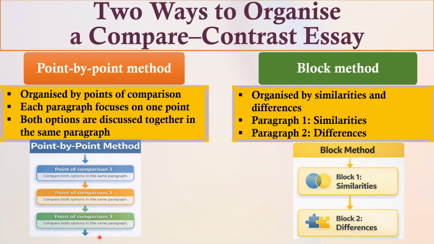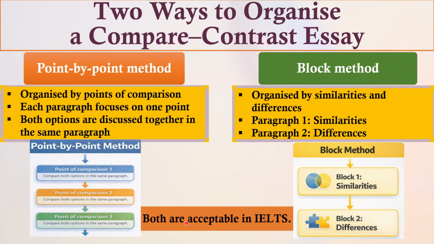Here, we are focusing specifically on the organization of the body paragraphs because that is where comparison must be clearly visible. The introduction and conclusion follow the usual IELTS structure. Both methods are acceptable in IELTS. What matters is not which method you choose, but whether comparison is clearly built into your structure.